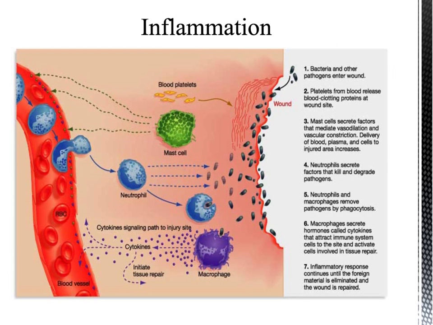So this is the process of inflammation. It goes through how, when the bacteria enters, our body sends platelets to clot. And then we have some mast cells that bring in blood flow to the area to bring oxygen to it. We know that things heal better if there's a good blood flow to it.